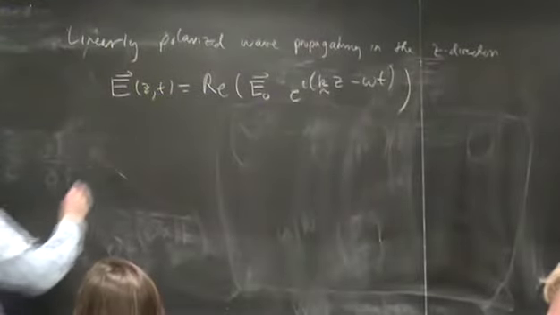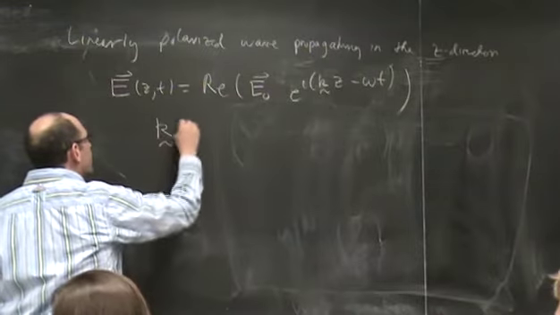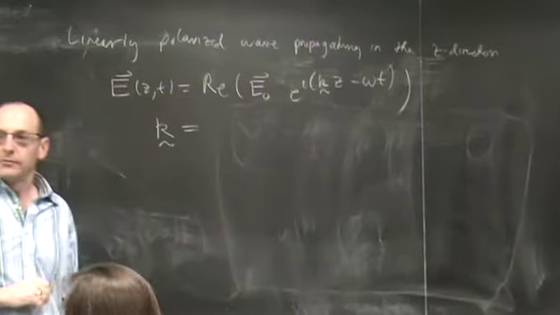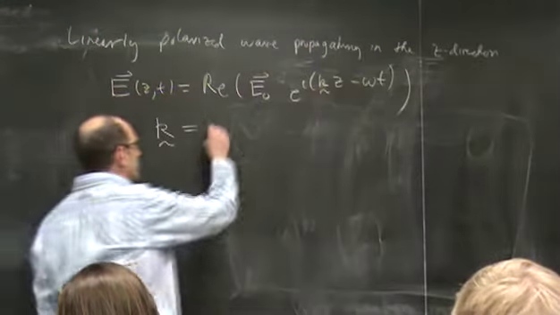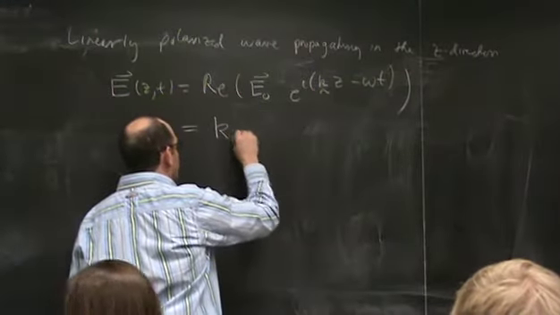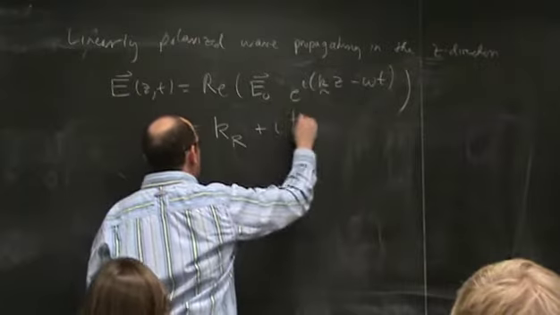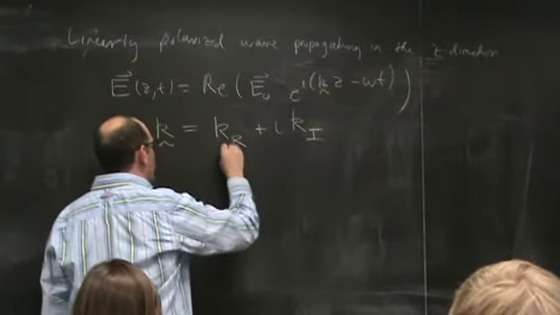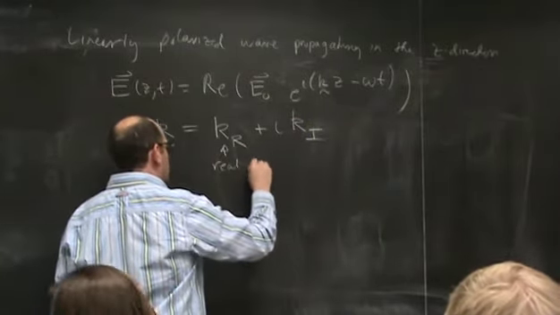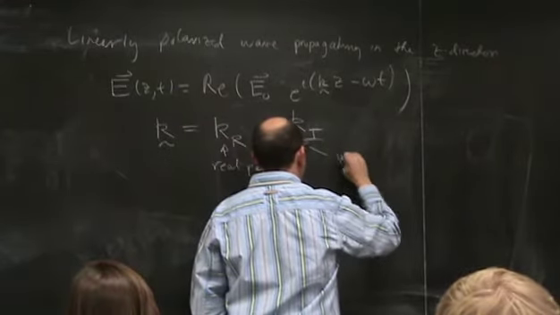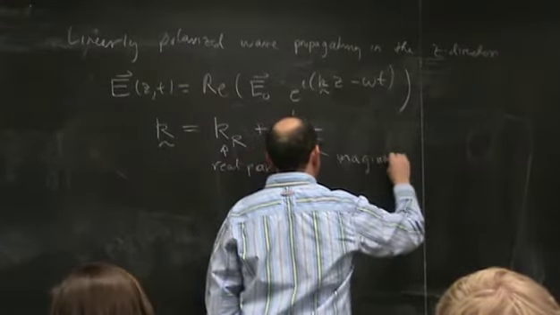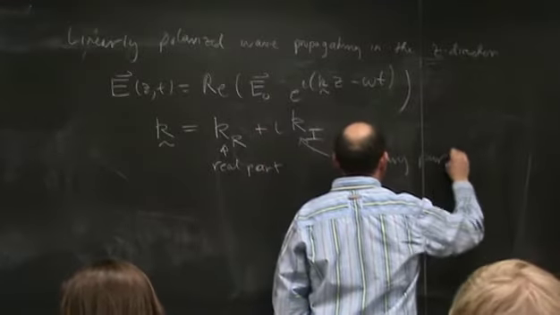Okay, so now k tilde is a complex number, which means it has a real part and an imaginary part. Let's just write that as k sub real plus i k sub imaginary. So this is the real part of that number, and this is the imaginary part of that number.